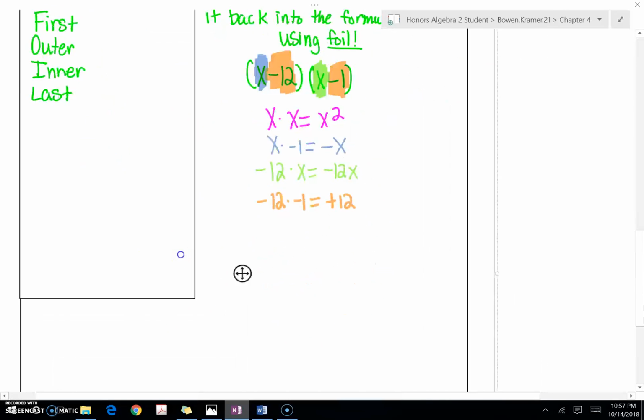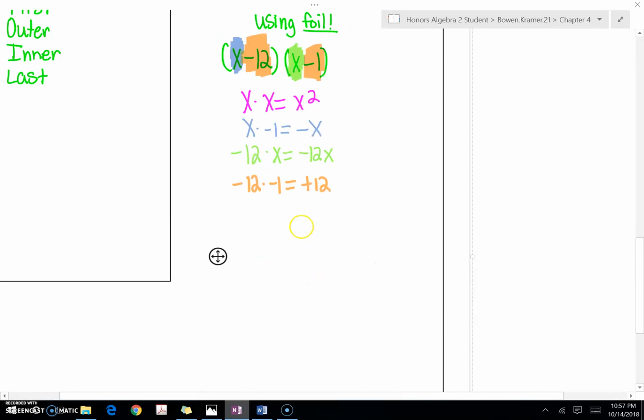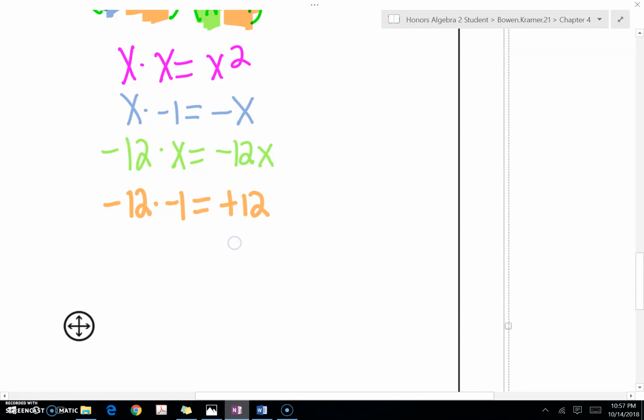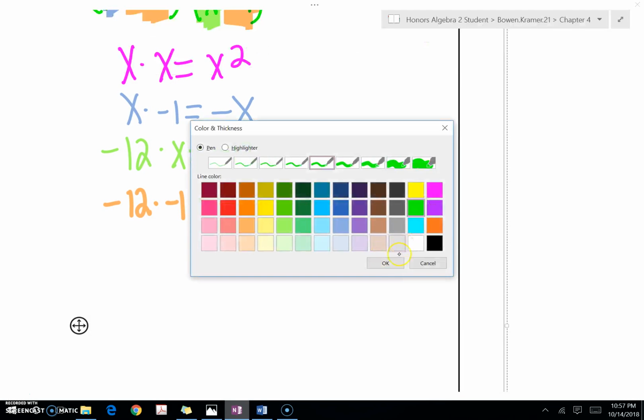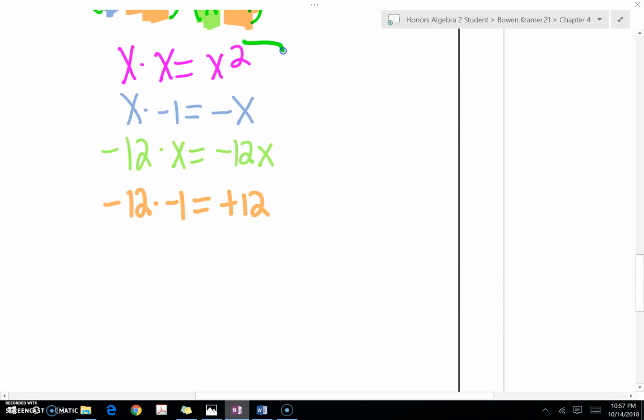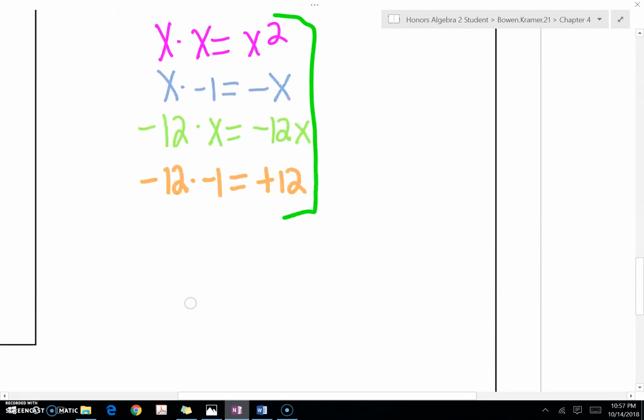So we got all these terms. And if you haven't noticed, this is what we're going to do: take all these and put them into the formula. So let's add them all together.